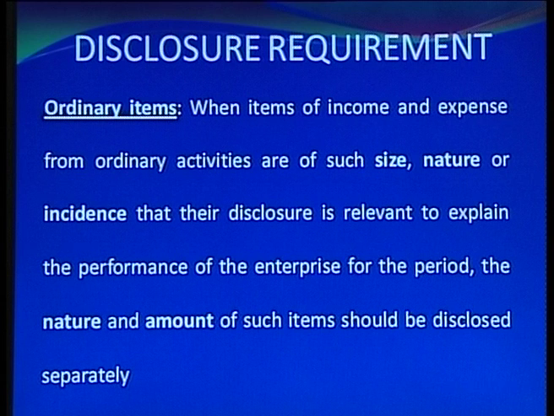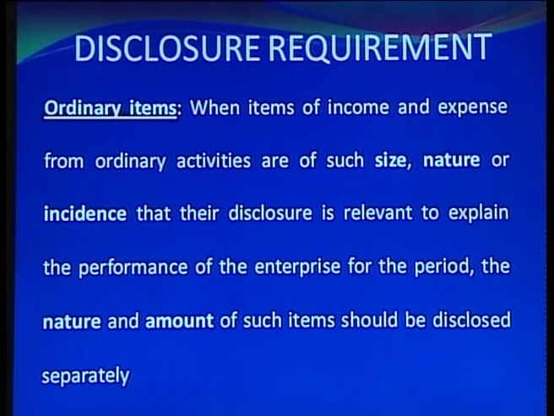Next one is ordinary items. Ordinary items, as we have already discussed, are the items or activities necessary for an undertaking so that it can carry on its business. So, what are the disclosure requirements of such ordinary items?